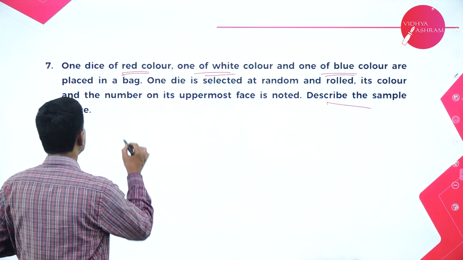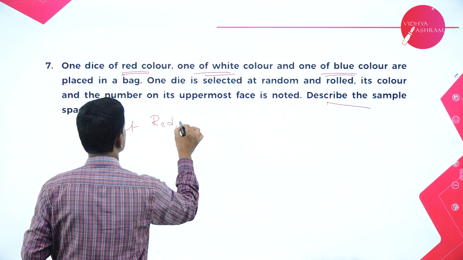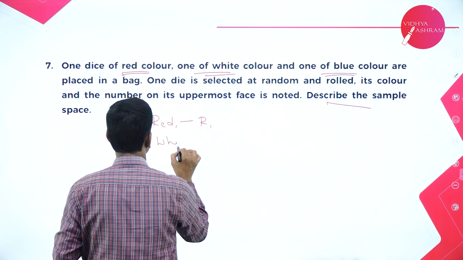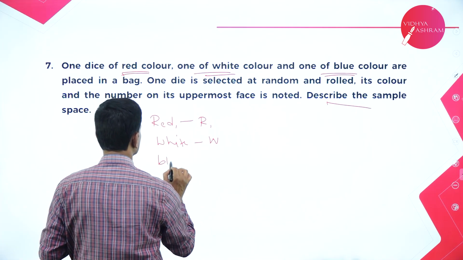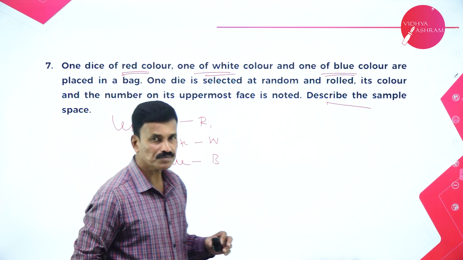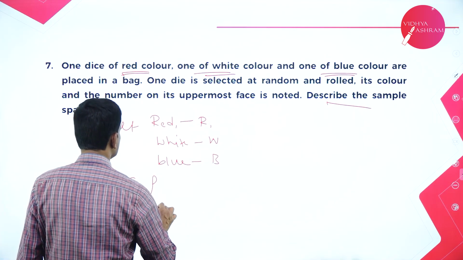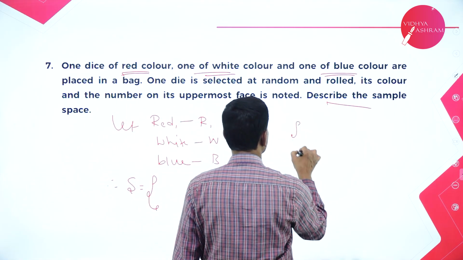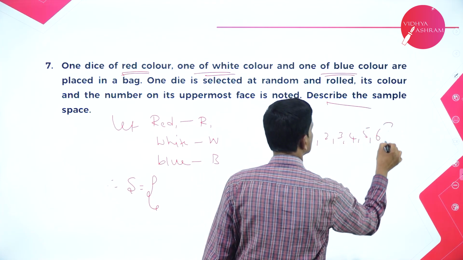So very simple. Let us represent the red die as capital R, white as capital W, and blue as capital B. Right. So therefore the required sample space is S is equal to, first, how many numbers are there in the die? In a die we get 1, 2, 3, 4, 5 and 6.